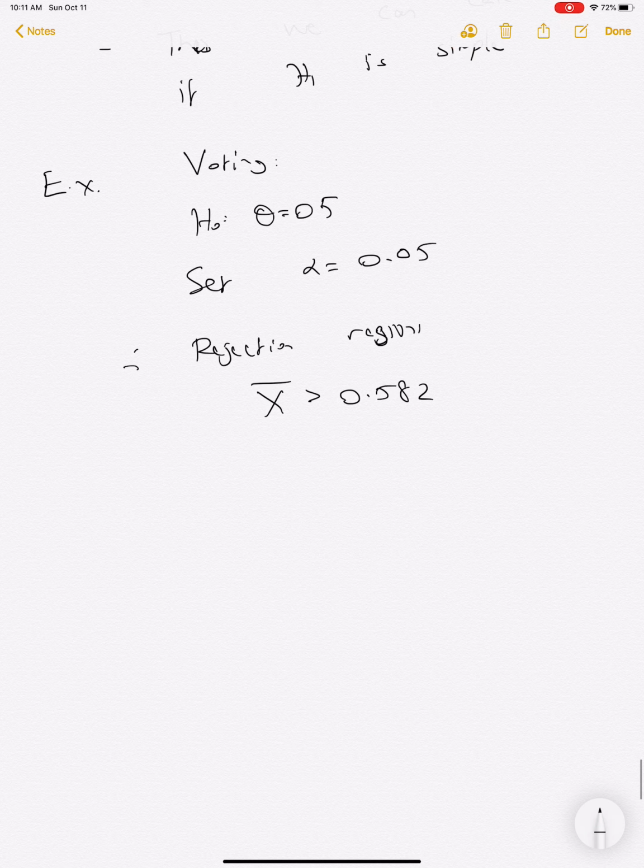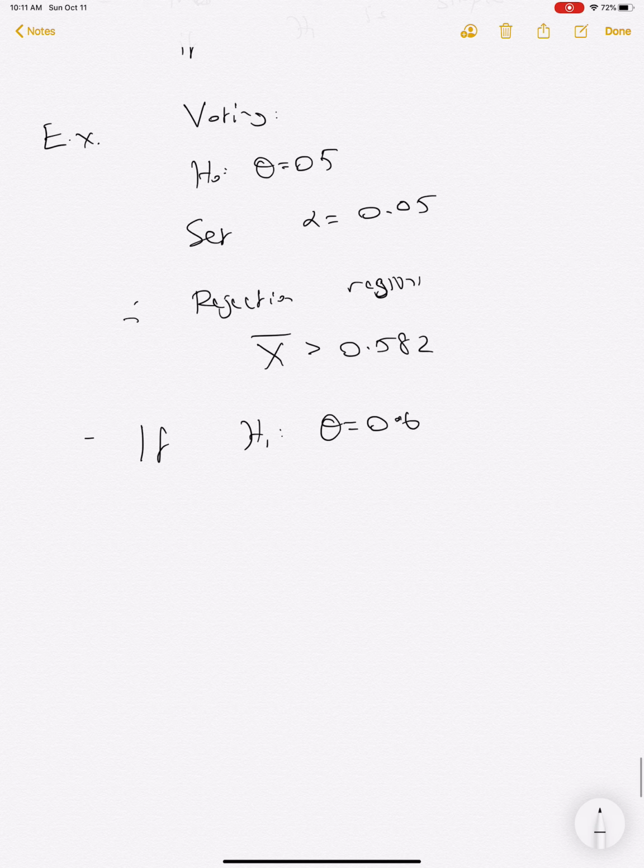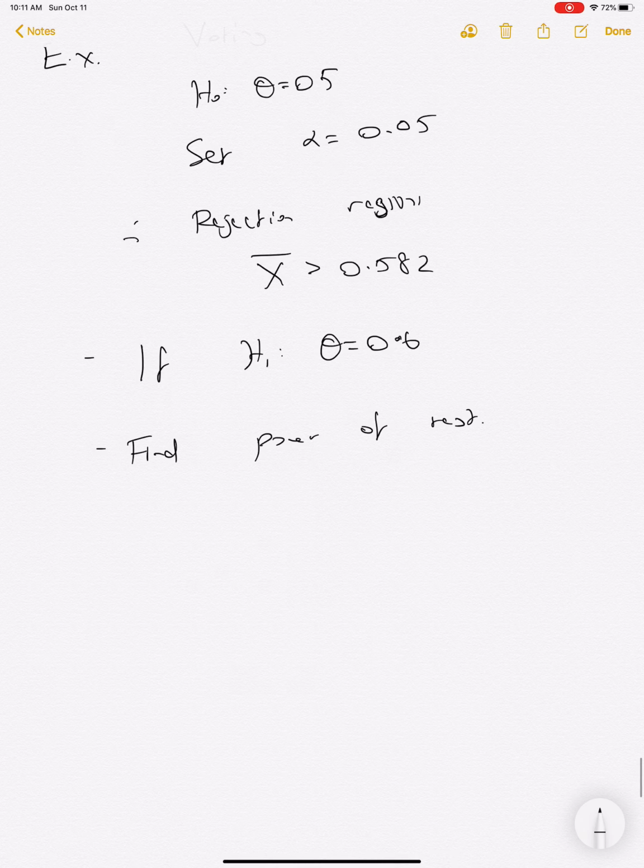And then the question is, if H1 is say theta equals 0.6, which is a simple hypothesis, then find the power of the test. This is the probability that you reject H0 given that H1 is true.